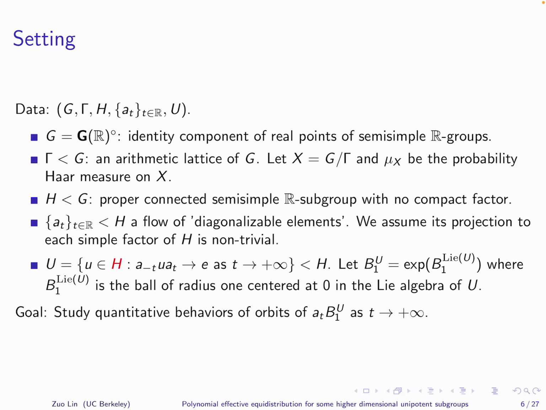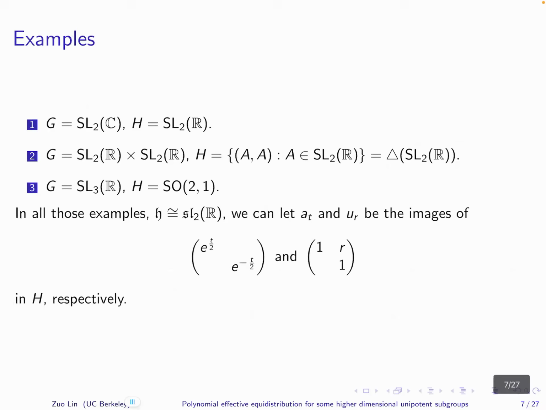Okay, I said a lot of these abstract words. Let's look at some examples. And it's good to just focus on these examples and several other examples in the next few slides. Okay, so the first slide of examples will provide us some one-dimensional unipotent subgroups. In the first example, I can take G to be SL_2(C) and H to be a smaller subgroup, the 2x2 matrices of real coefficients, SL_2(R).